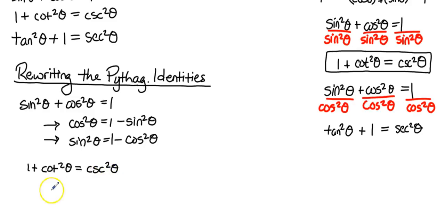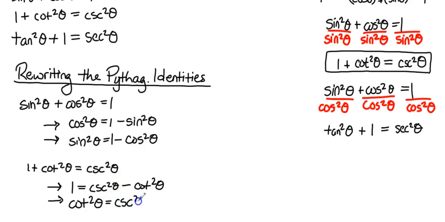Cosecant squared is the isolated term. I can isolate 1. So 1 equals cosecant squared of theta minus cotangent squared. Or I could isolate cotangent: cotangent squared theta equals cosecant squared minus 1.